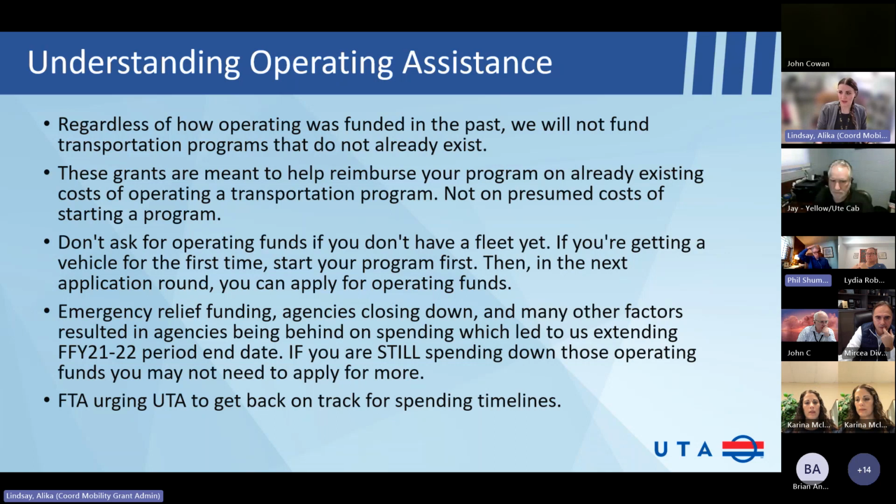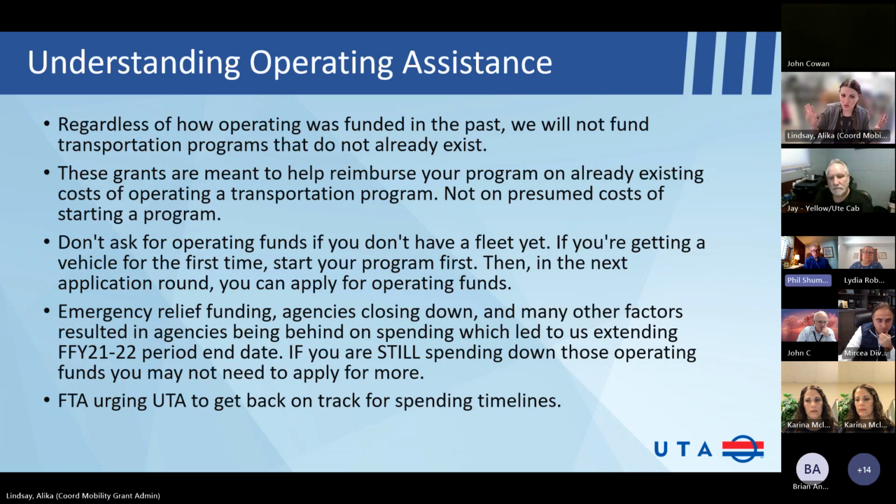So we'll talk more about that. If you're still spending those operating funds on costs you incurred in federal fiscal year 2023 or 2024, then you shouldn't be asking for more operating for 2023 and 2024 because you already have it in that past grant.